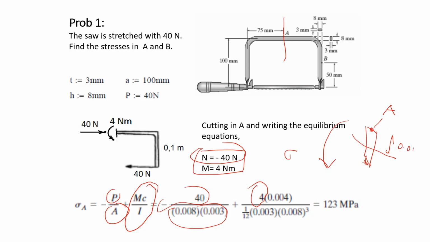It is 0.004, and this value is the moment of inertia around this bending axis. So superposing, that means the effect of normal stress and the bending moment, will give you a total of 123 megapascal tensile stress.